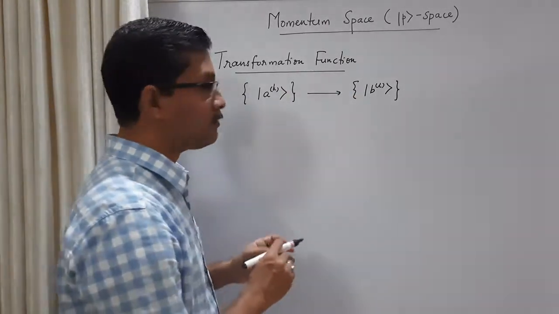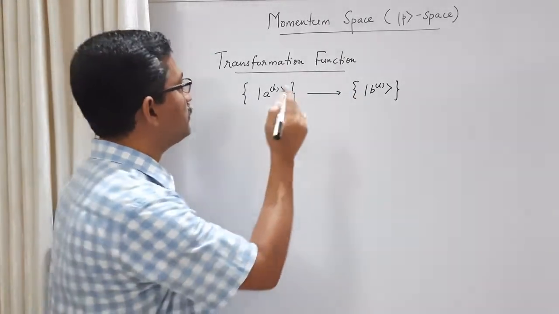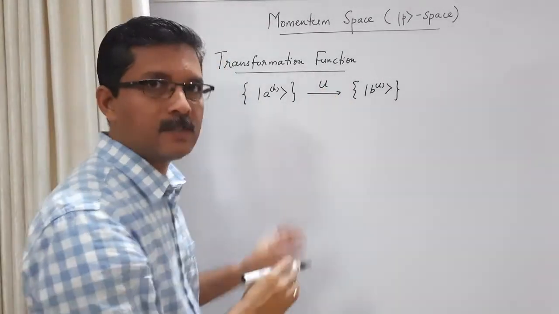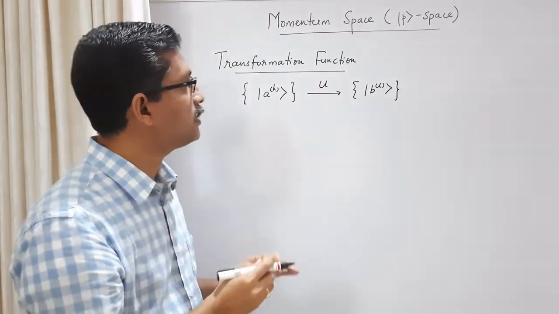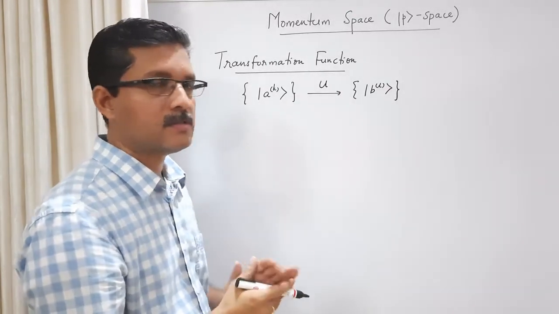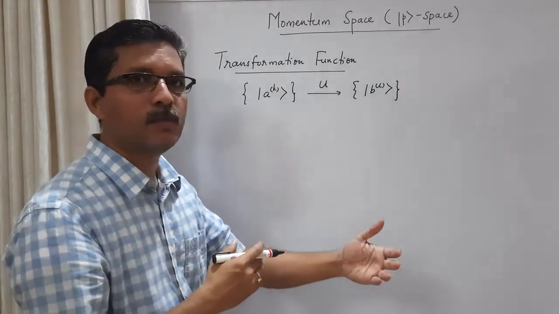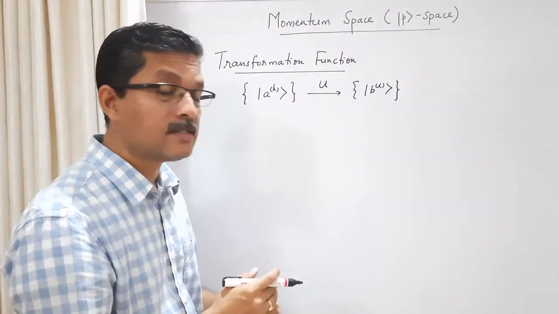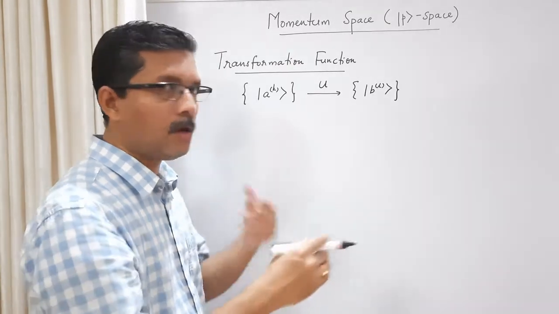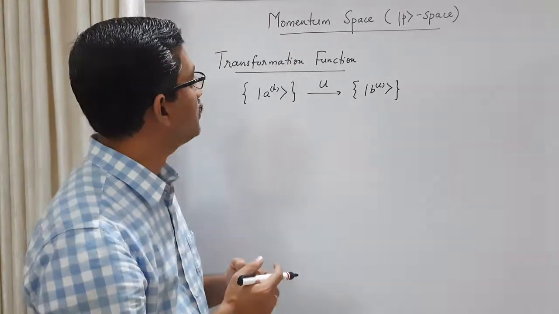This change of basis, we have studied in detail. It is produced by a unitary operator. It's a unitary transformation, and a unitary operator is required to produce this change of basis. So it changes each vector, it changes the base kets, it changes a general ket, it changes the operator. We know how these changes are produced.